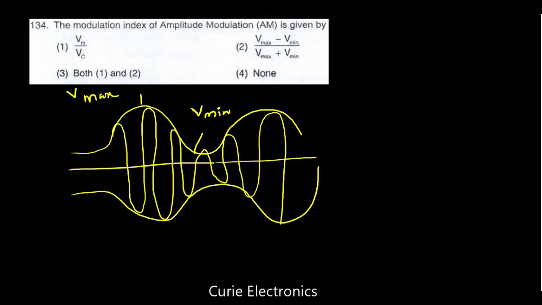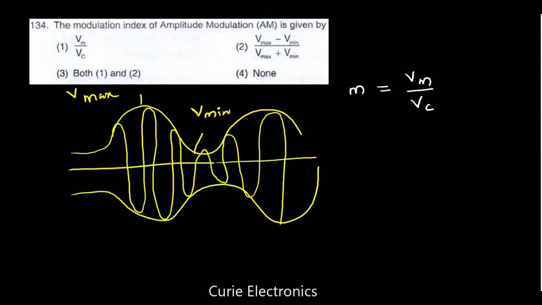Now, the modulation index is represented with M. M equal to amplitude of message signal Vm upon Vc, the amplitude of carrier wave.